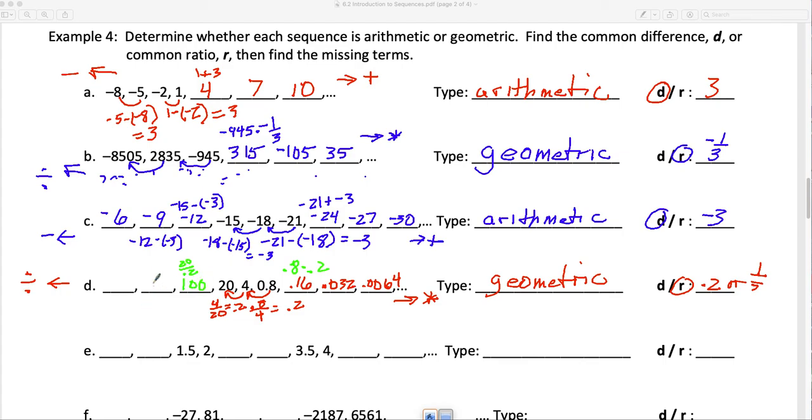And now for this number, I'm going to have 100 divided by 0.2, and it's going to give me 500. And this is what I would expect a geometric sequence to behave like. So this one's going to be 500 divided by 0.2, and I think it's going to give me 2,500.